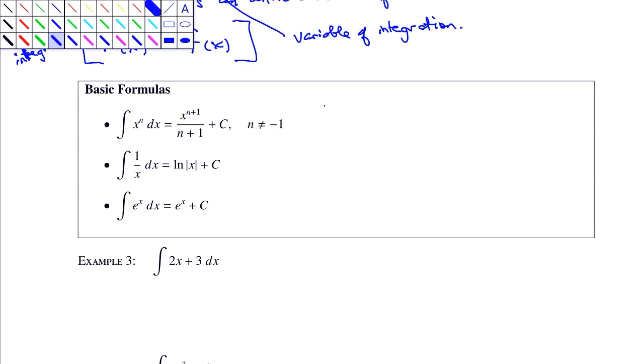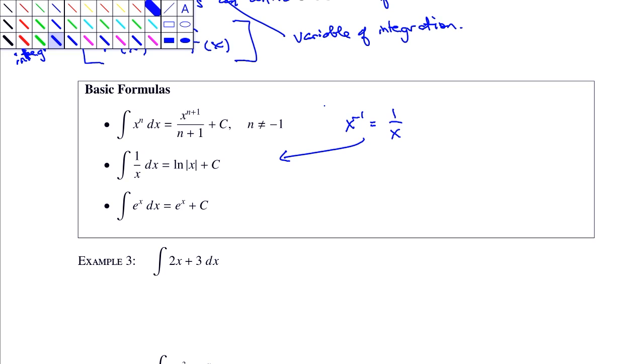So the power here is n, so we'll raise the power by 1. That makes n plus 1, so x to the n plus 1. And then the opposite of multiplying is division, so we divide by n plus 1. And that'll work when n is not equal to negative 1. If n is equal to negative 1, then that's x to the negative 1, which is 1 over x, which is the second case.